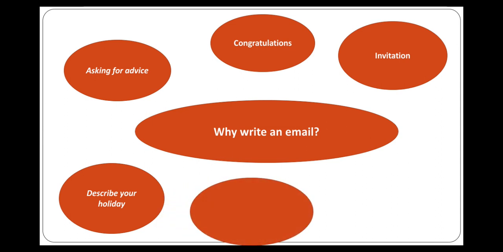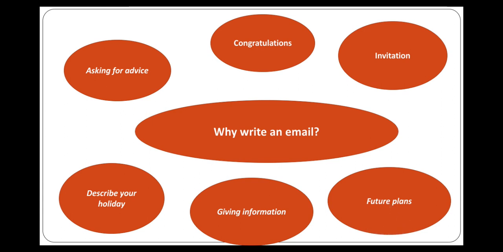We can also write emails to give information. So if you want to share some information with your friends, you can write an email. Or if someone wants to know more about something or a place that you know very well, you can write him or her an email where you give details and information.